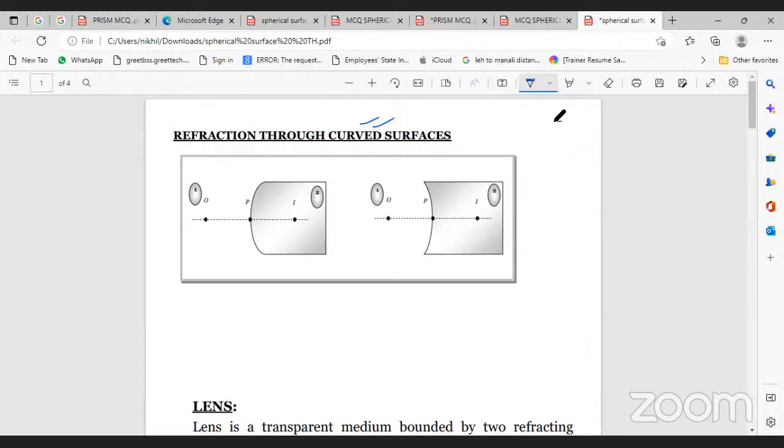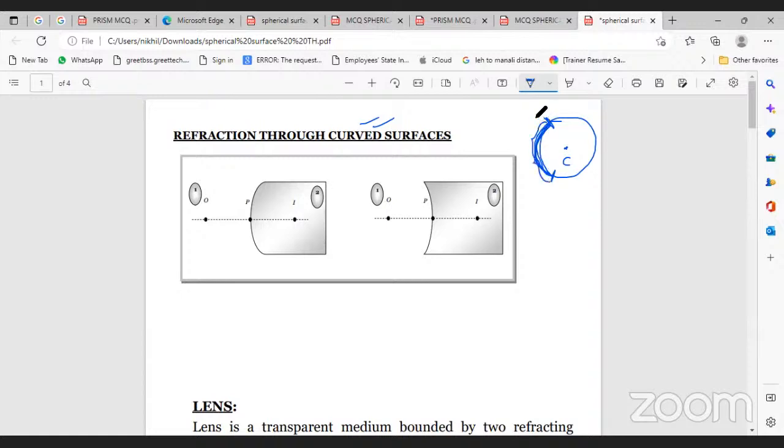Look at this. If I consider one spherical surface, this is the center. In this spherical surface, I'm going to consider a small portion here, where the refraction is going to take place.